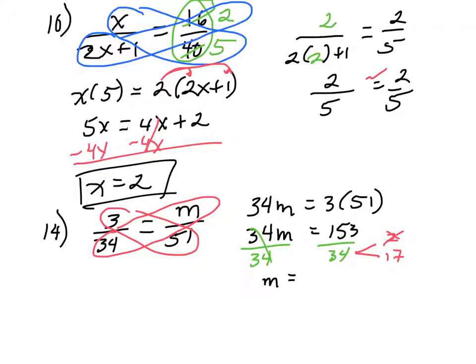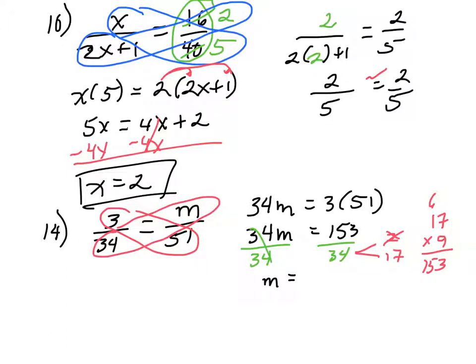Is there anything that you can multiply 17 by to get to 153? 8? So if I took 17 and multiplied it by 8, no, 8 times 7 is what? 56. That's not a 3. And so 9? 9 times 7 is what? 63. And 9 times 1 is 9 plus 6.